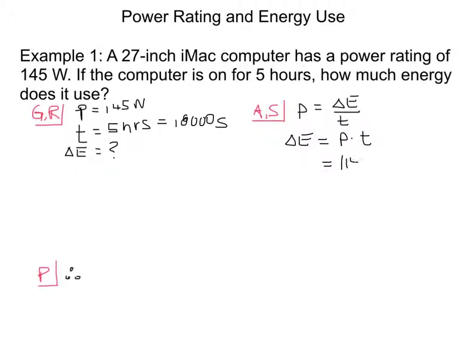So 145 watts times 18,000 seconds would give me 145 times 18,000. So we get 2,610,000 joules, because watt times seconds is joules.